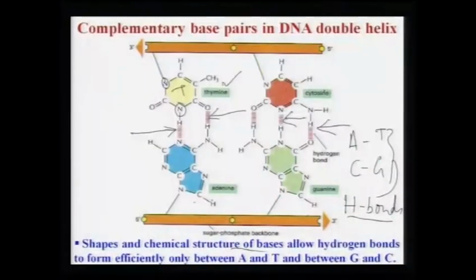The shapes and chemical structure of bases allow hydrogen bonds to form efficiently between A and T and between G and C. That is the uniqueness of the structure. So, AT and CG is known as the complementary base pairing in the DNA double helix.